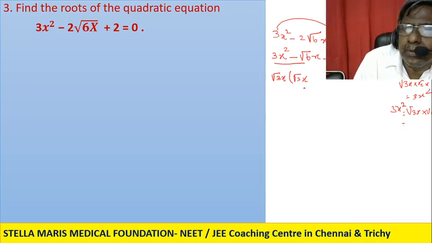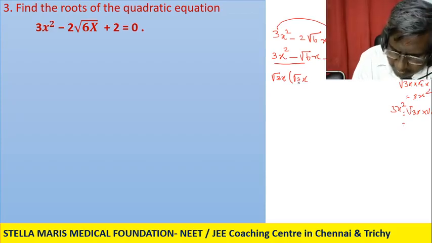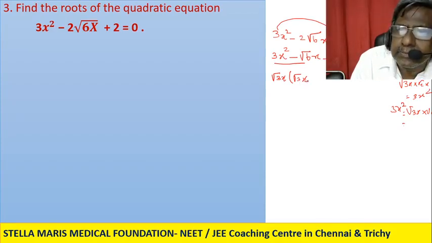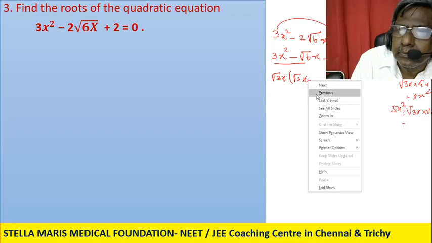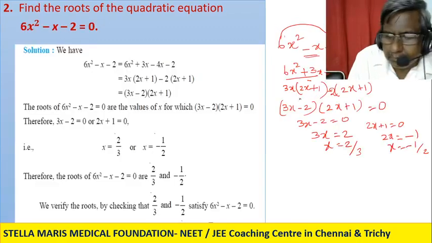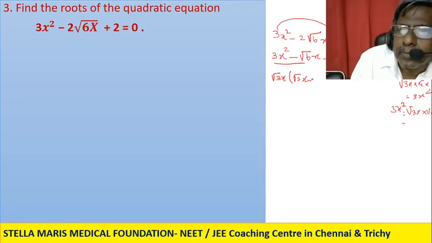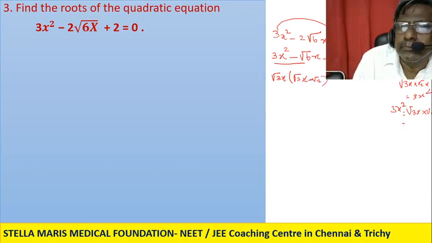Minus root 2. See, root 3x into root 3x will give you 3x square. Root 3x into minus root 2 will give you minus root 6x.